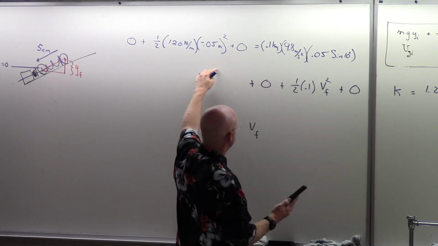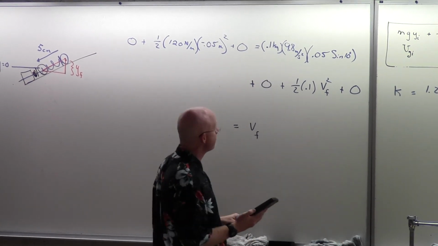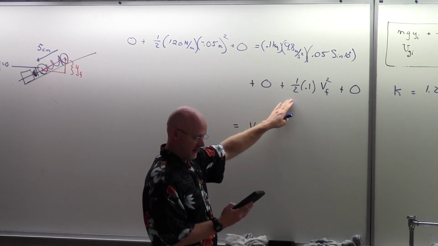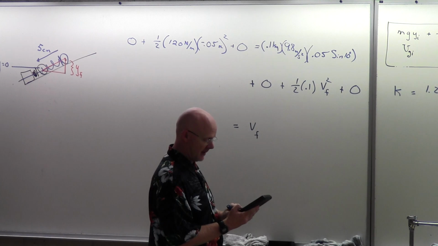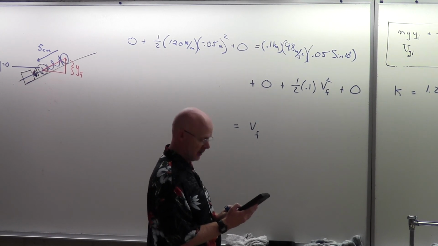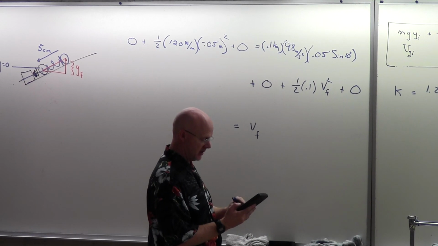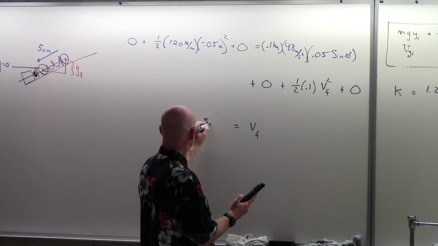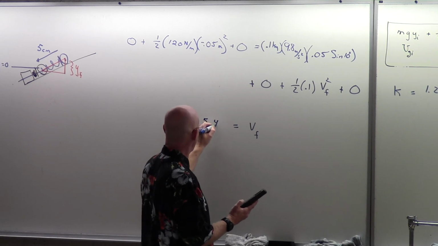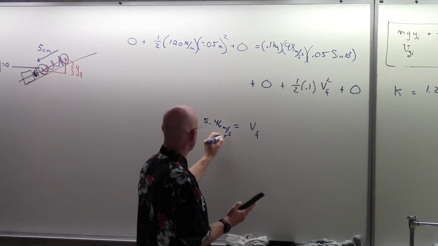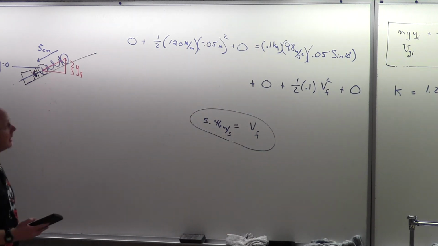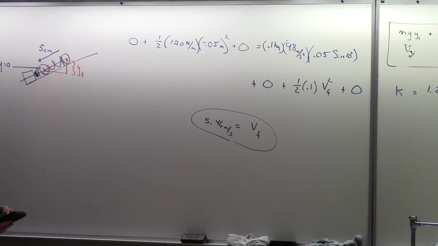And so that would subtract off there. Multiply that by 2, divide by 0.1, and take the square root of all of those. I get 5.46 meters per second.